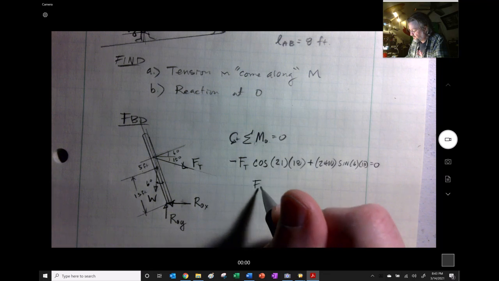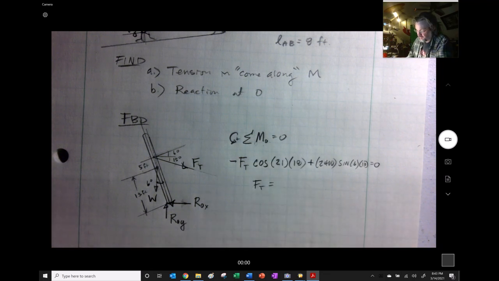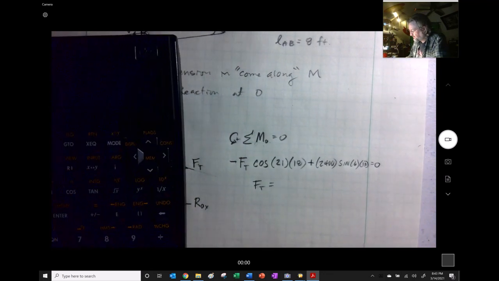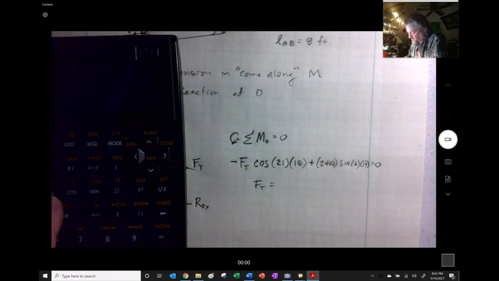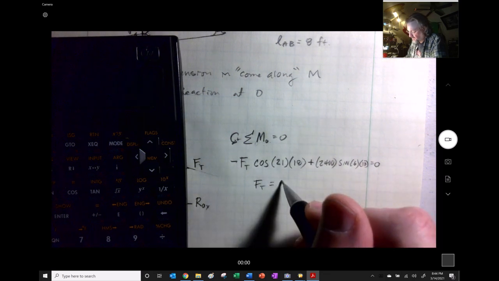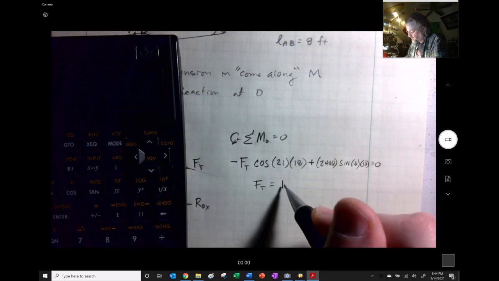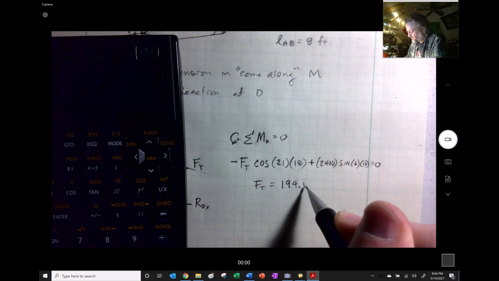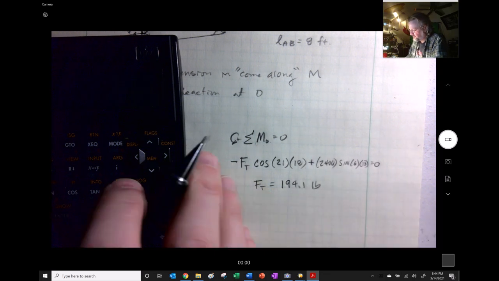So we get a tension in this cable that's necessary, right? 2,400, 6 degrees times the sine, 13 feet. But now we're going to divide by 18 feet and divide by the cosine of 21. So we get, in order to be able to support this thing, 194.1 pounds.